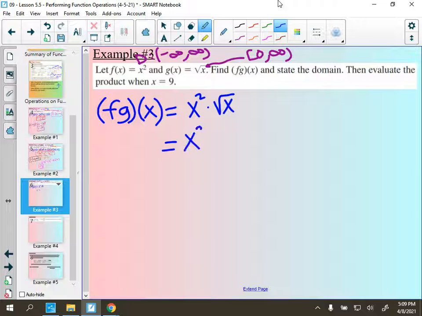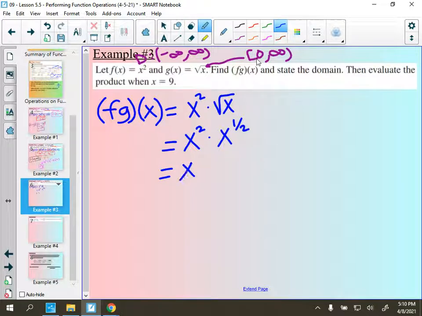If I change, and again, we're recalling stuff from previous sections, the square root of x is the exact same thing as x to the 1/2 power. And so we've seen this same base being multiplied. What do we do with their exponents? We'd add them up. Yep, that's right. So you could look at getting a common denominator here.